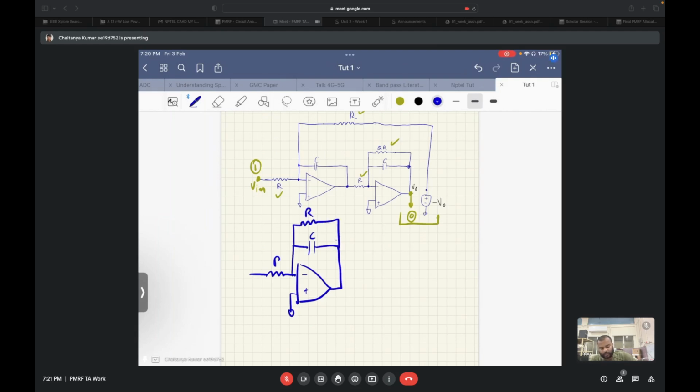This is the in. So here we get a low pass that is of first order. Now, what if we just cascade one more low pass filter at the output of this first order? Here we will get a low pass transfer function that is of second order.